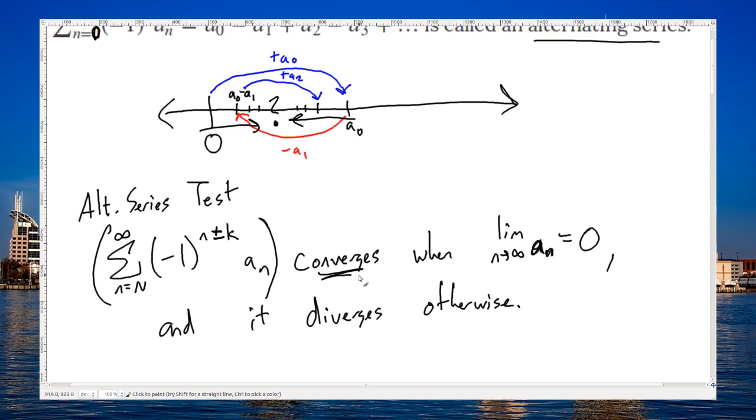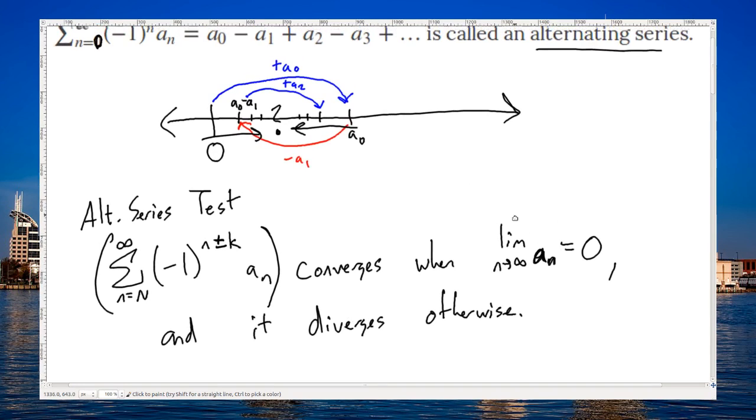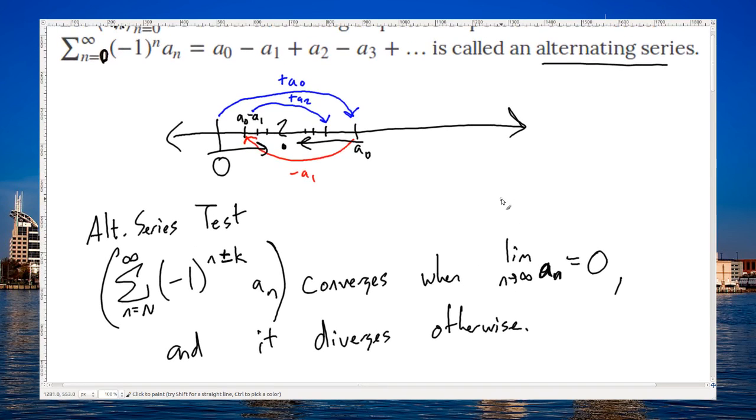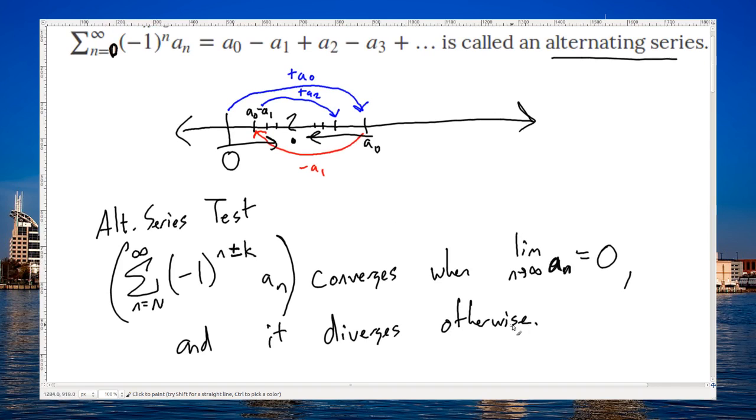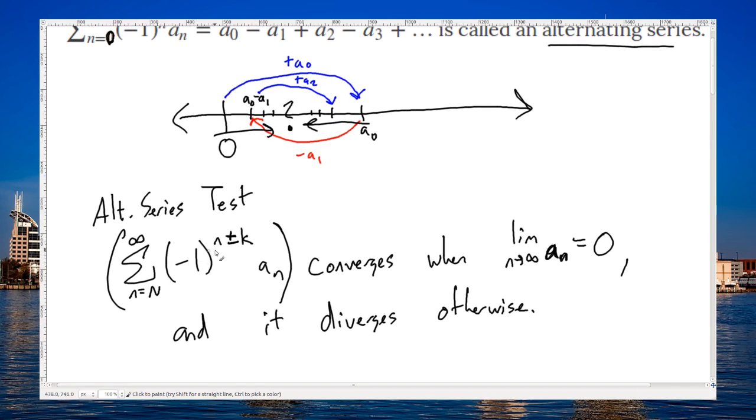We can say it converges for the limited case of an alternating series. If it's not alternating, we can't use that fact. Let's talk a little bit about why that works. Well, first of all, it diverges when the limit's not 0 for the same reason as the divergence test. It's really just using the divergence test again. It's a little bit more complicated with the negatives, but not really.